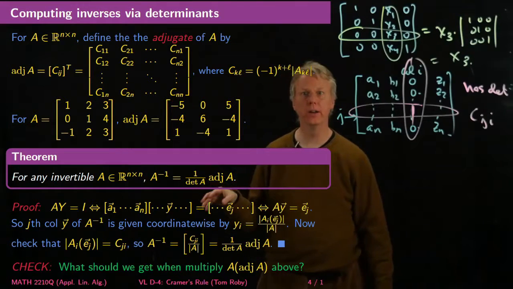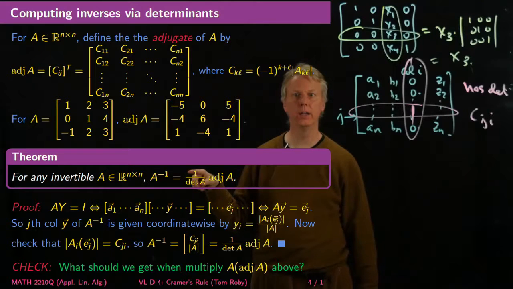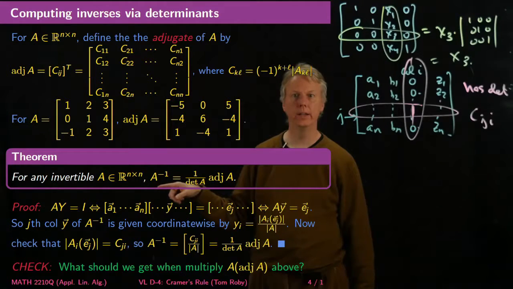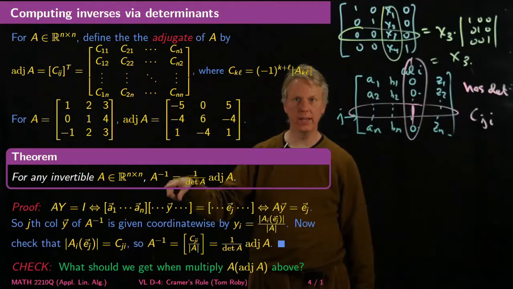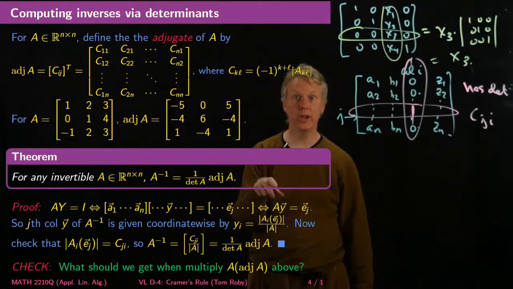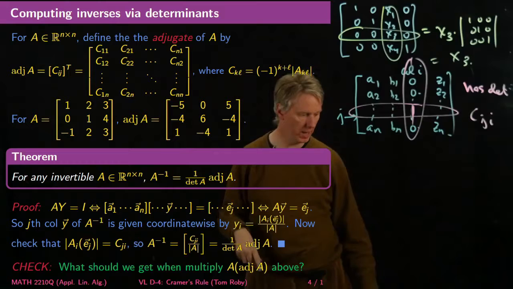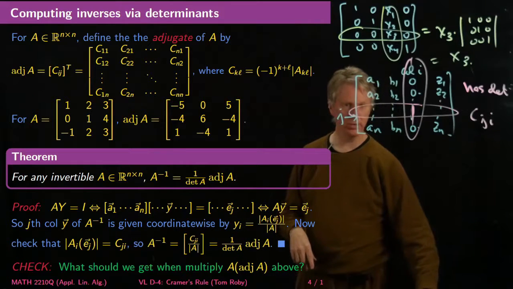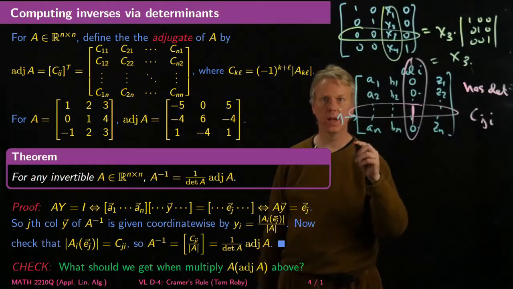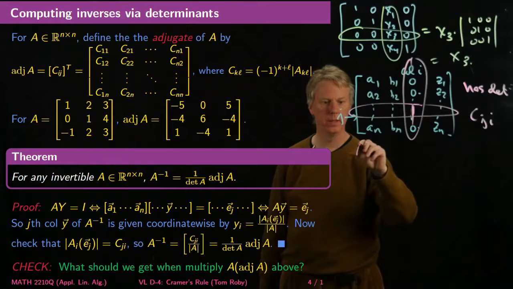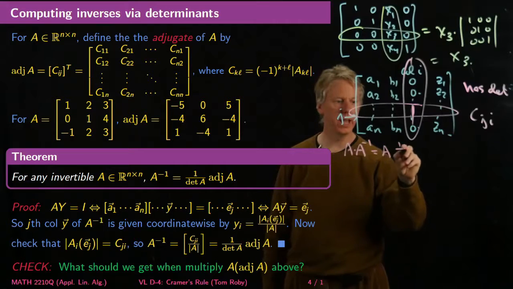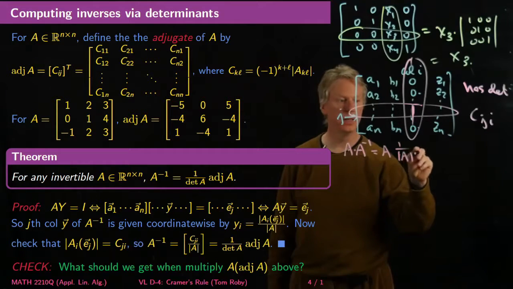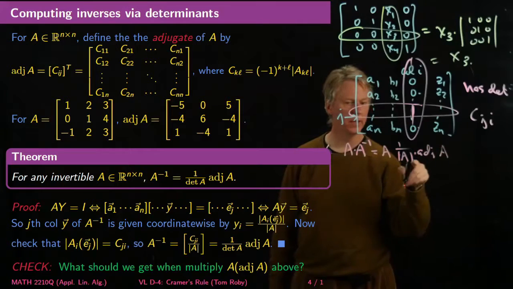Well, it's pretty clear that if I multiply both sides of this by A, then I'll get the identity here, and the adjugate of A times A, and let's move the determinant over to the other side. So A times A inverse equals A times 1 over the determinant of A times the adjugate of A. And now let's multiply.